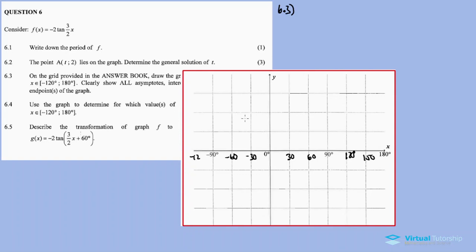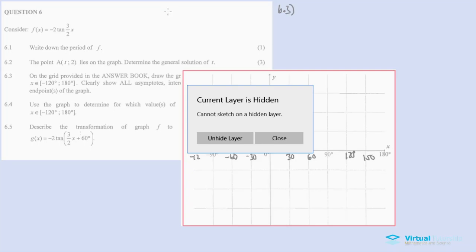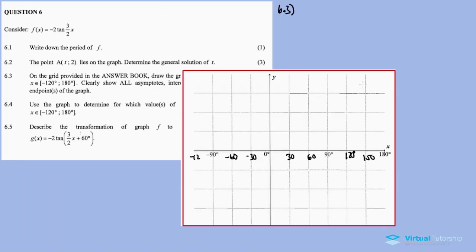Now there will be some changes here, since the b is no longer 1 like in the parent function. Just like the parent function, y equal to tan x, the b is equal to 1. So therefore the asymptote is at 90 and 270.